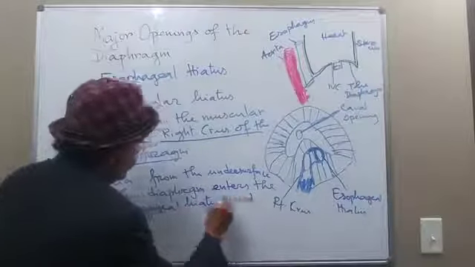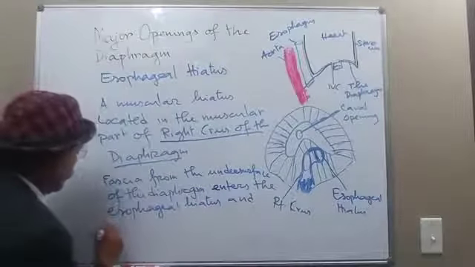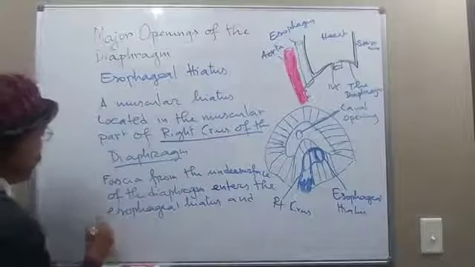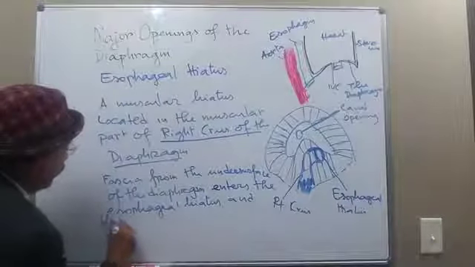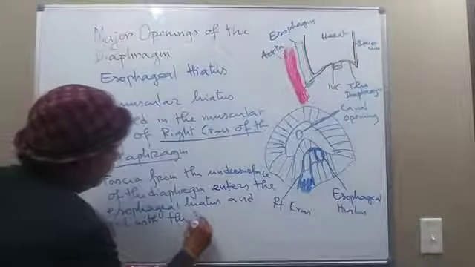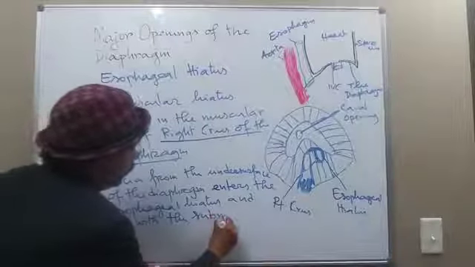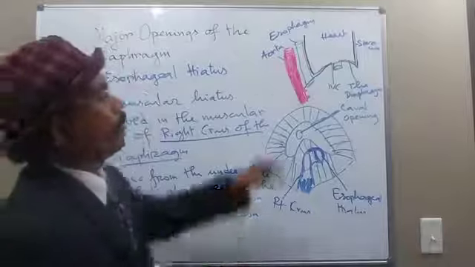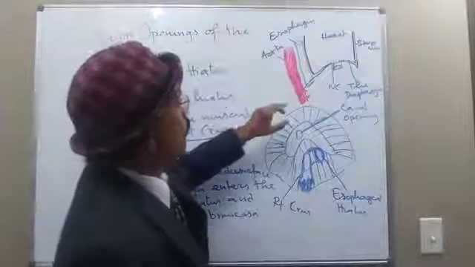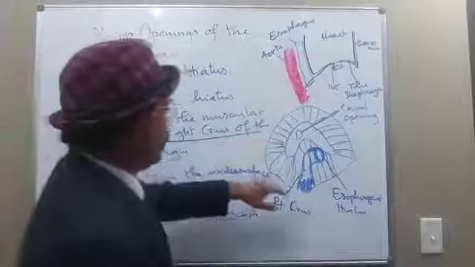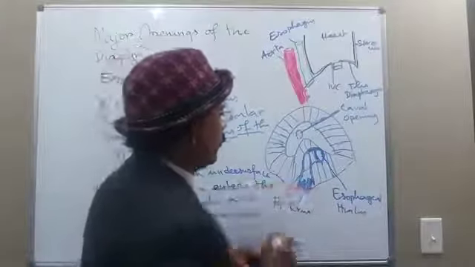So it enters the esophageal hiatus and blends with the submucosa of the lower part of the esophagus, only a few centimeters above the esophageal hiatus.